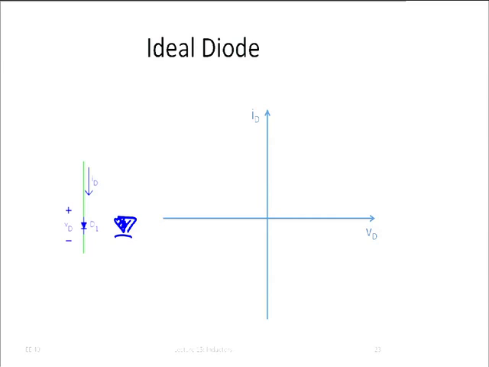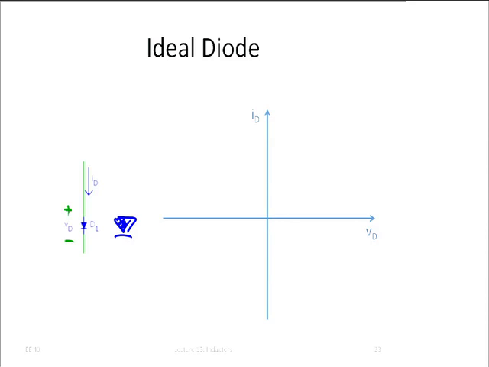So with that, can we now construct the IV characteristics for this? If the current tries to go in the direction ID, then this voltage VD is positive. The current is going in the direction of the arrow, and the thing is a short circuit. How do I draw this characteristic?